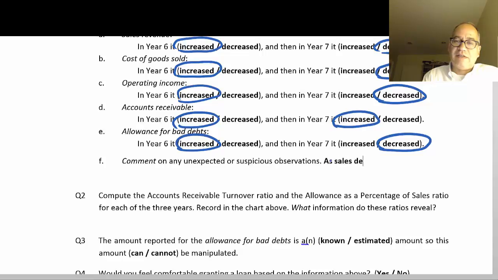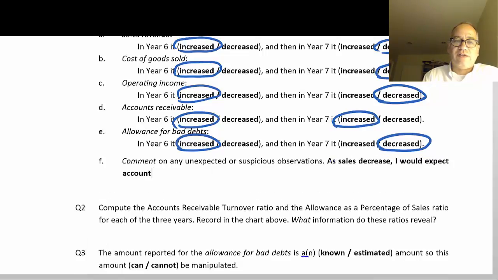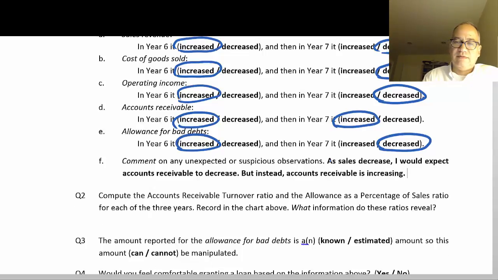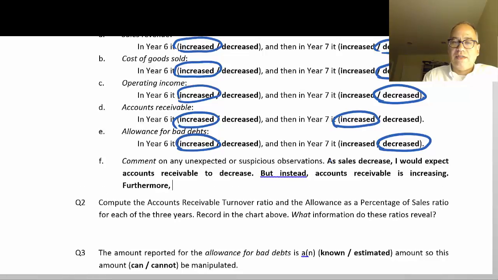As sales decrease, I would expect accounts receivable to decrease. But instead, accounts receivable is increasing. Furthermore, it seems strange that the allowance is decreasing.